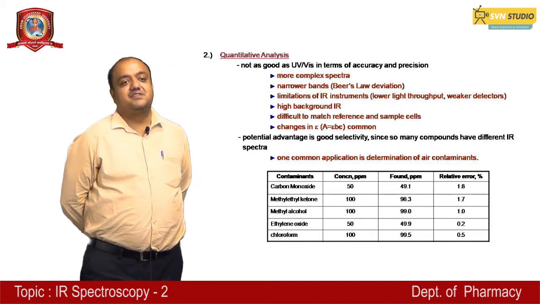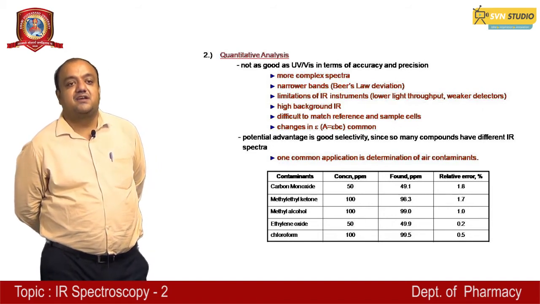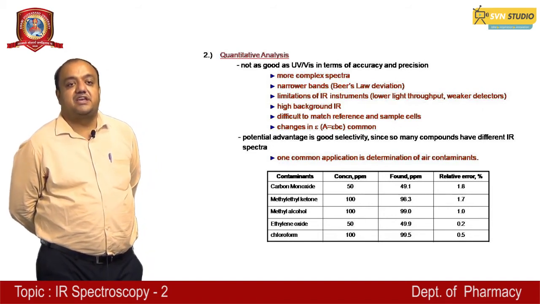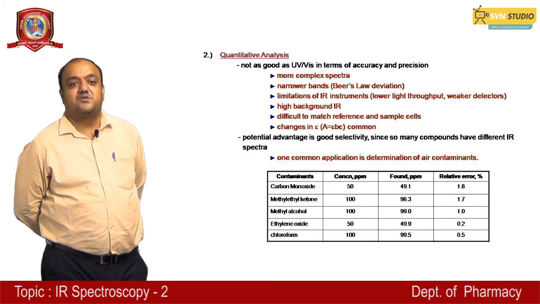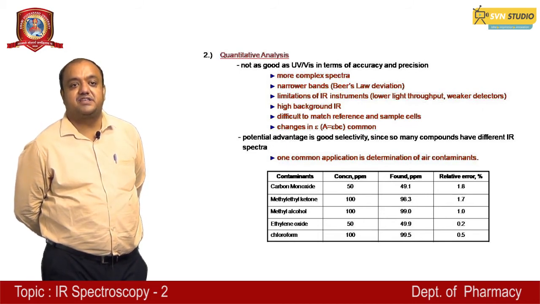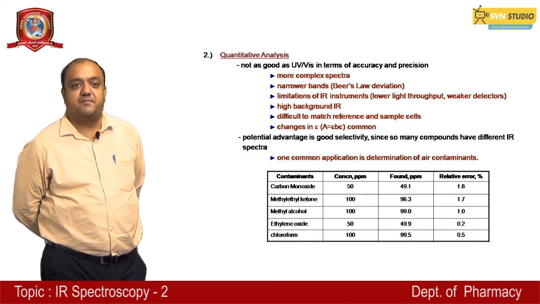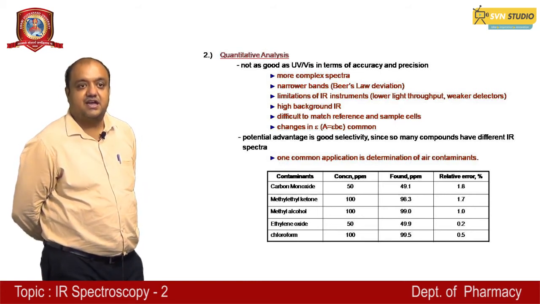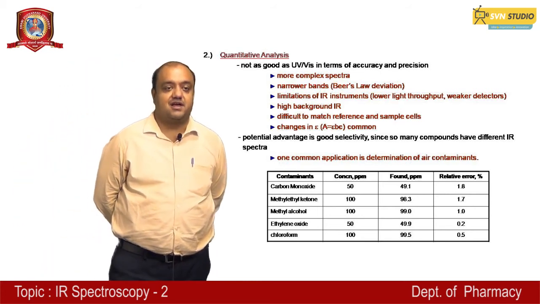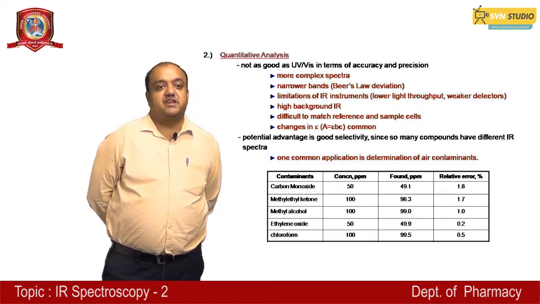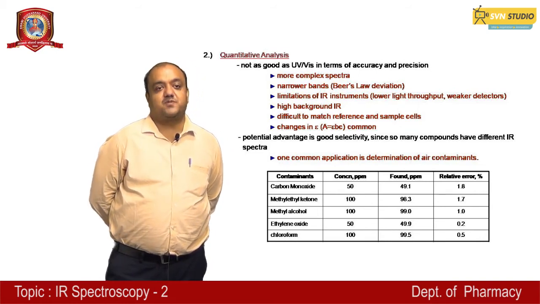And other contaminants like methyl ethyl ketone, which shows 98.3 ppm found, and relative error is 1.7%. And next example is methyl alcohol, which is found at 99 parts per million, and 1% error is obtained.